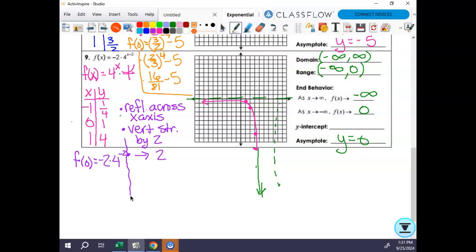No. What is 4 to the -2 power? 1/16. Good, because 4 squared is 16, and then you take the reciprocal. So this is -2 times 1/16, which gives me -1/8. So my y-intercept is at 0, -1/8. Okay. What questions do you have?